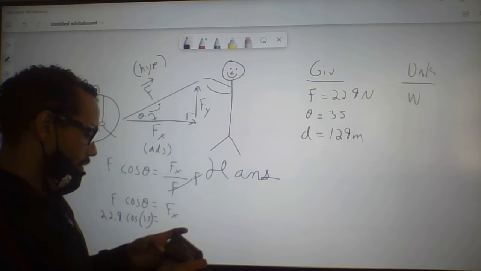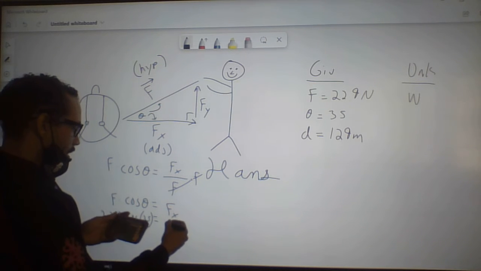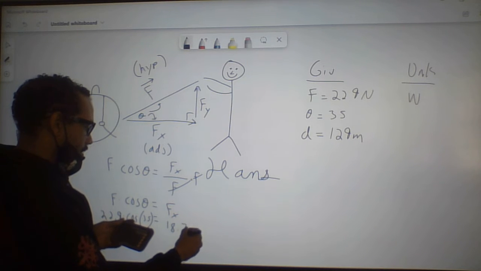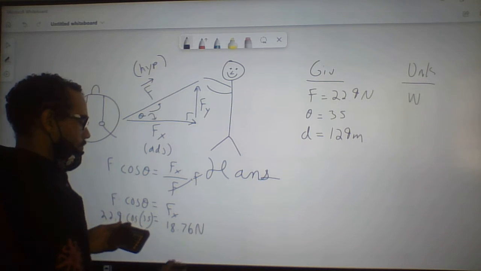So now we have the force in the x direction is 18.76 newtons.